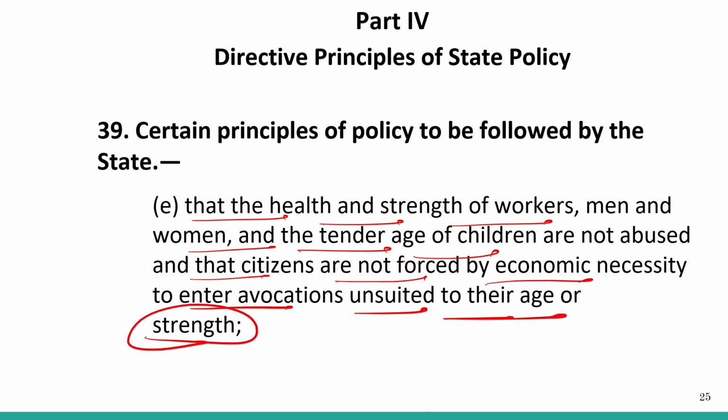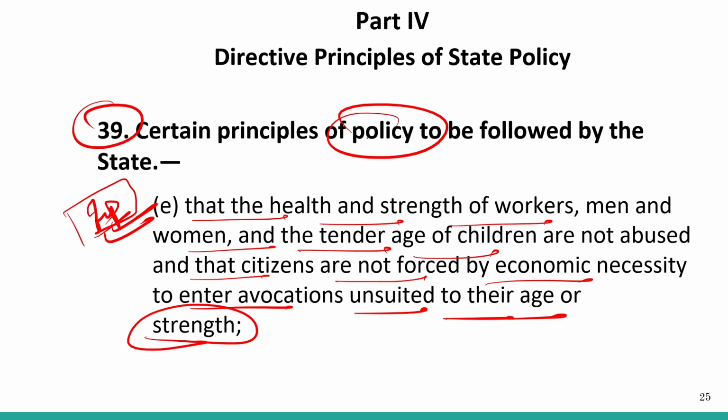Article 39E becomes a very important article whenever we are talking about the policies that the government needs to formulate, that the policies should be such that the citizens are not forced by what? By economic necessities.